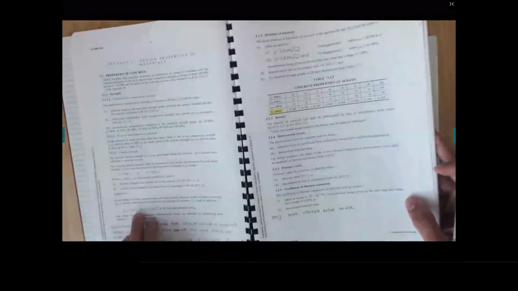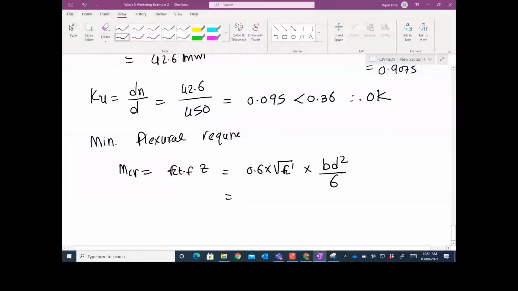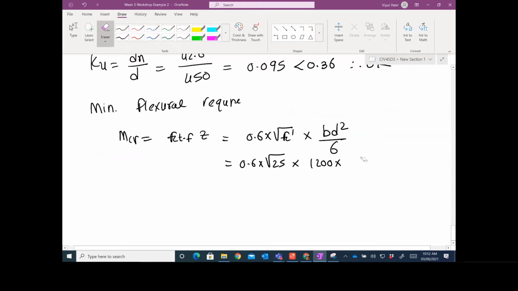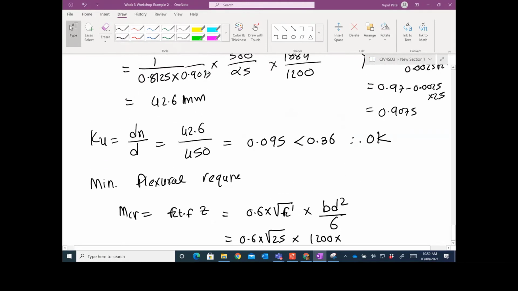Here you go, FCT.F 0.6, clause 3.1.3. So if you substitute the values, 0.6 times 25, B is 1200, D is 500 squared.